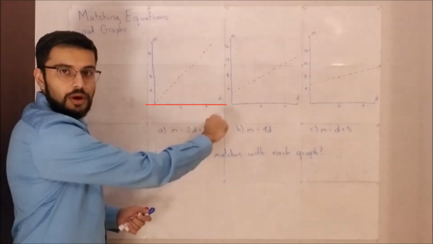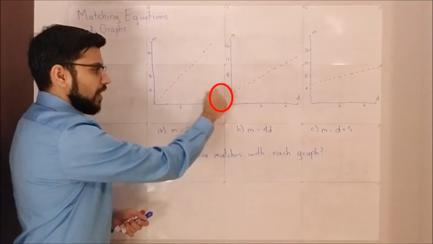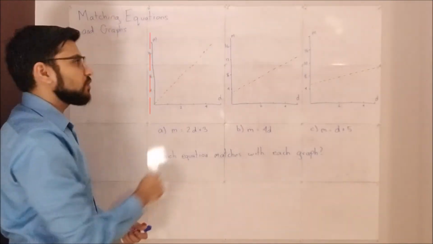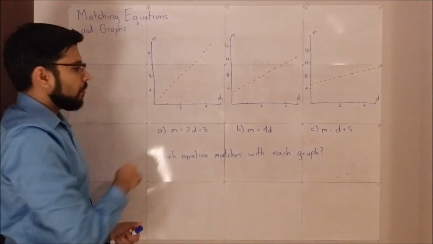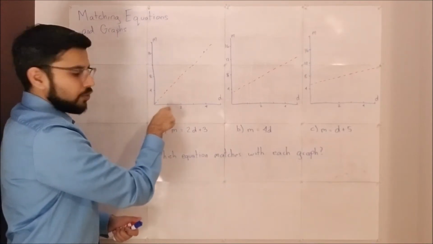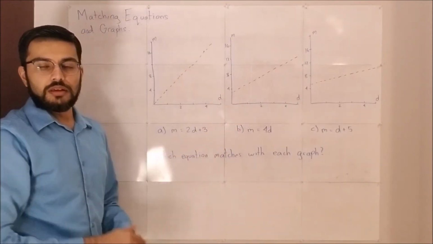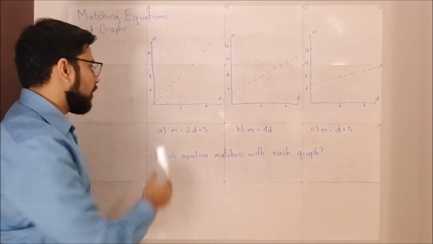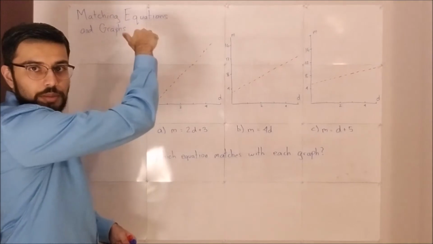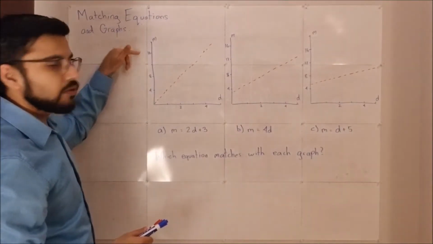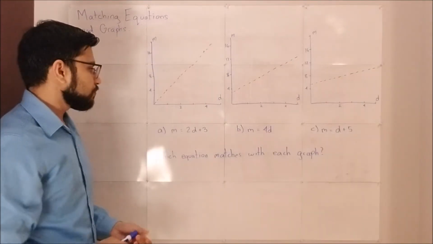My horizontal axis is represented by the letter D, and my vertical axis is represented by the letter M. Now my points go from 0 to 1, 1 to 2. So on the D axis, it's going up by 1. And on my M axis, going up and down, it's going up by 4. 4, 8, 12, 16, and so on.